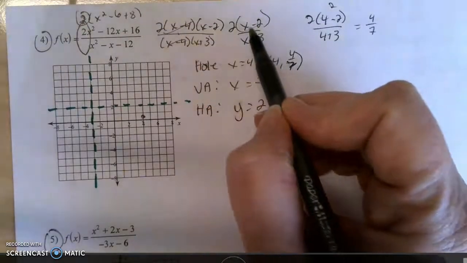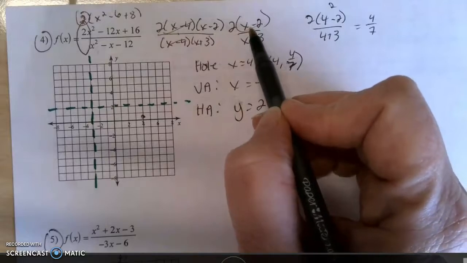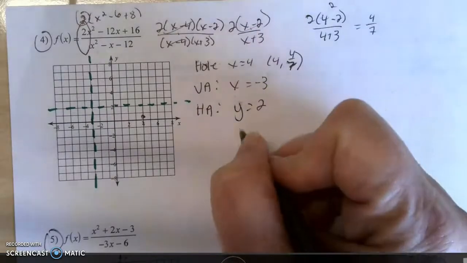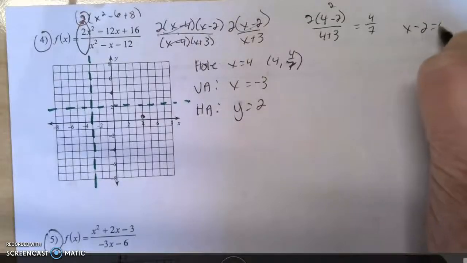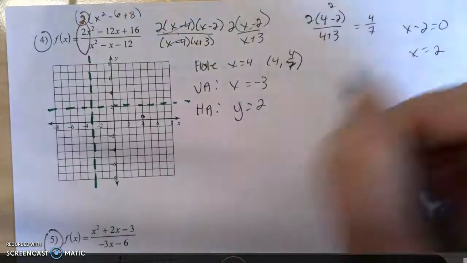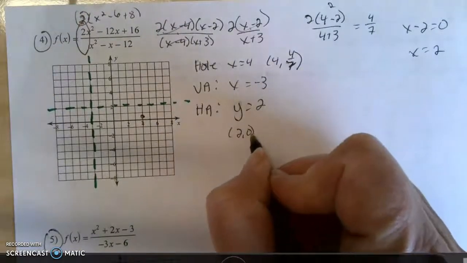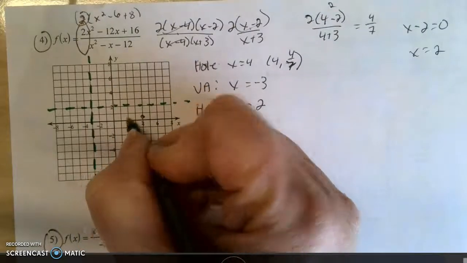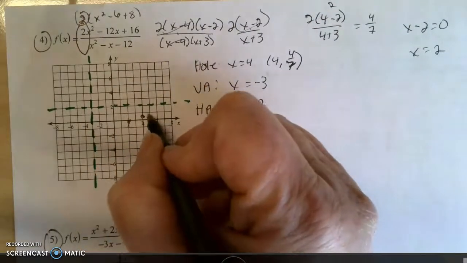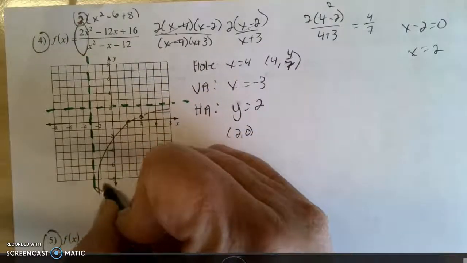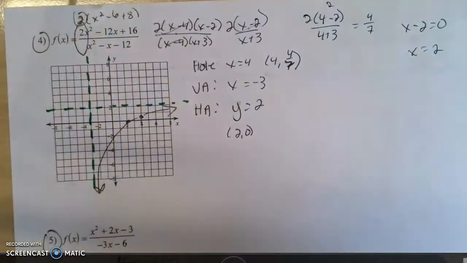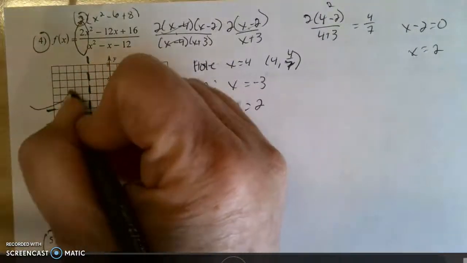This one right here is an x-intercept. So I have an x-intercept at 2. So that tells me that I have a graph down here. If my graph is down here, then my other graph is up here.